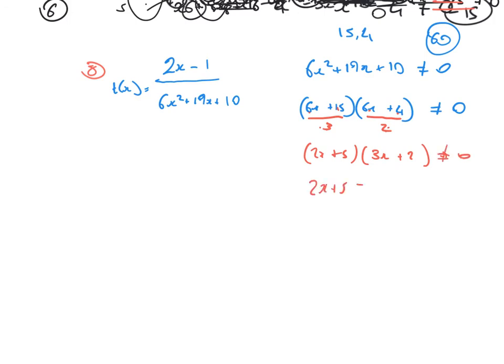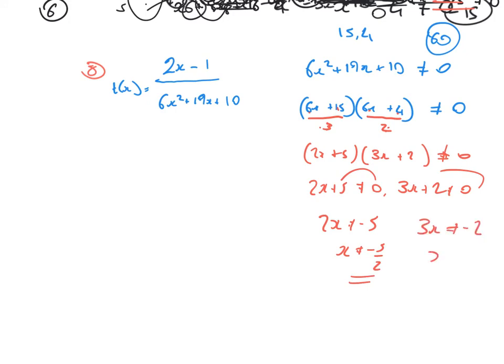Okay, so 2x plus 5 cannot be 0, and 3x plus 2 cannot be 0. 2x cannot be minus 5, and x cannot be minus 5 over 2. 3x cannot be minus 2, and x cannot be minus 2 over 3.